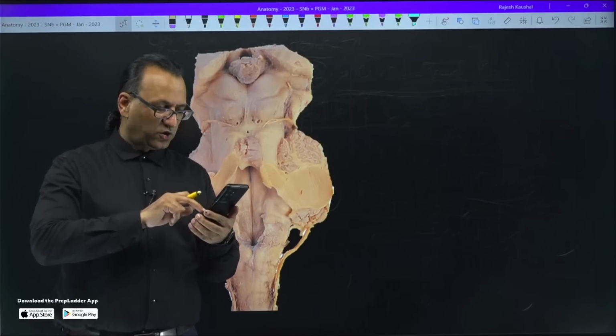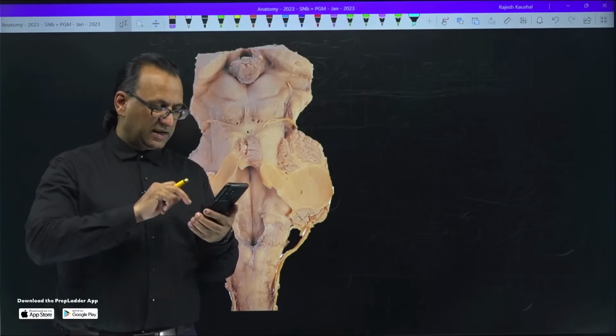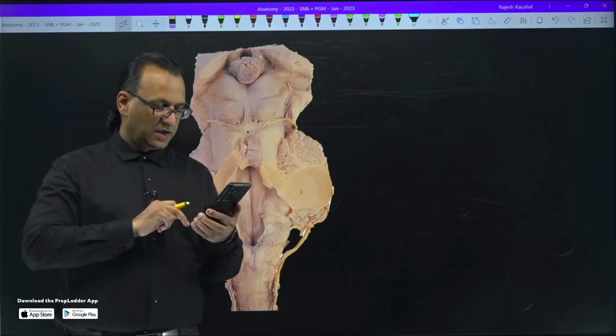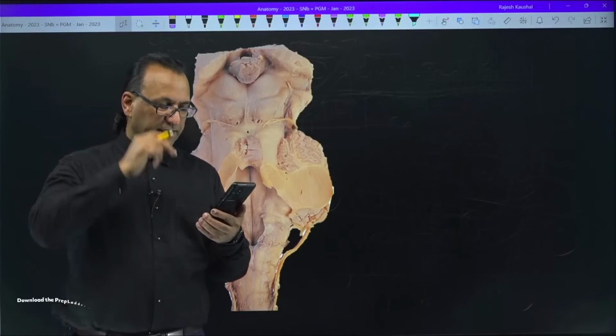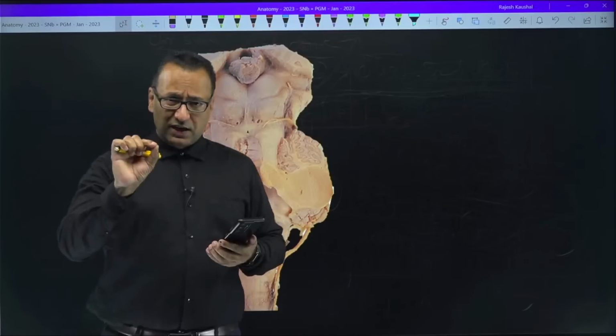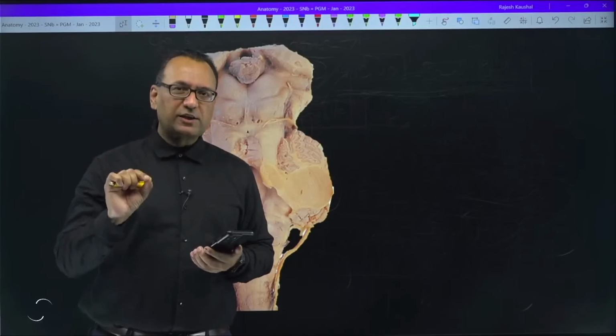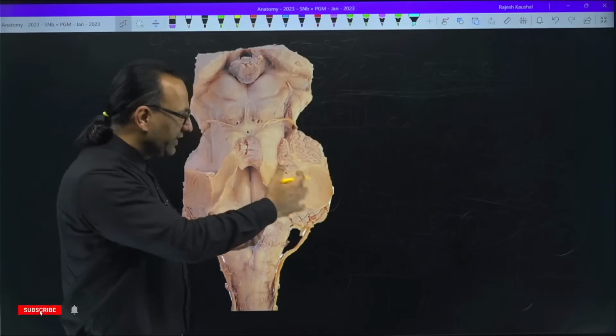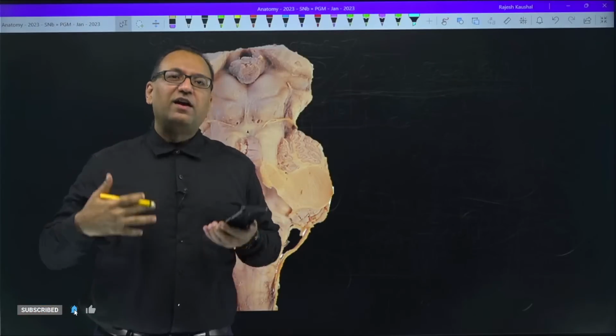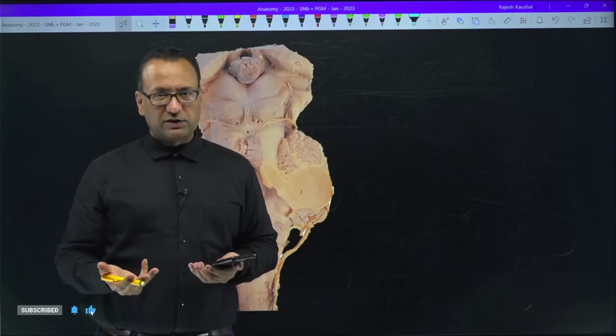Okay, so we continue, and let me just see. Will the whole pattern change in NEXT from NEET PG? I teach for NEXT PG for last 20 years. The way I teach is the way NEXT PG is going to ask.